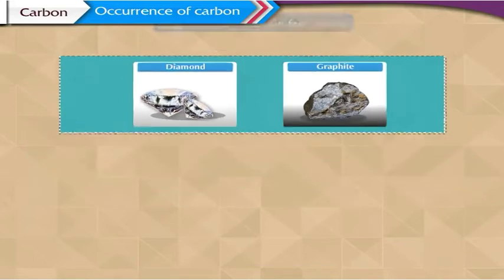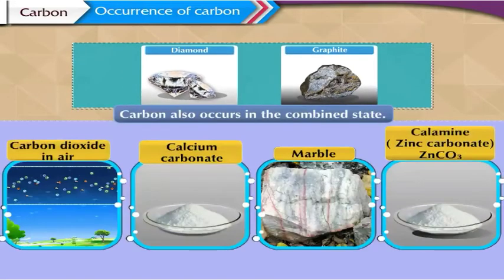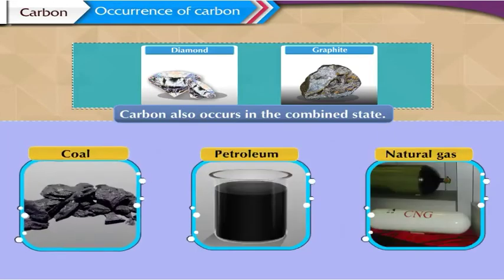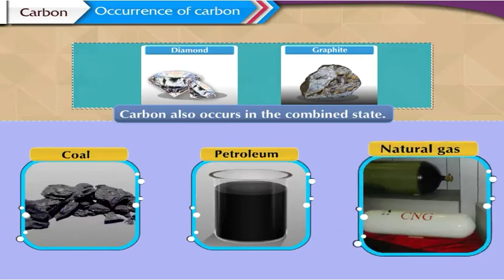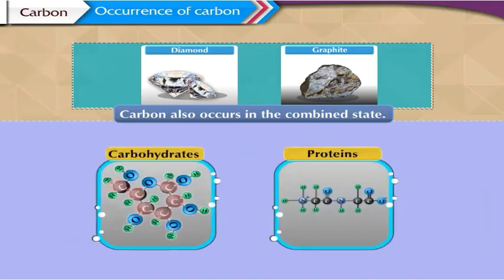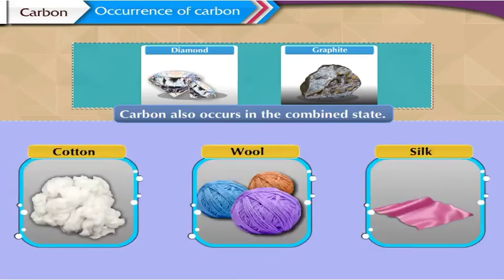In the combined state, carbon occurs as compounds such as carbon dioxide gas present in the air, carbonates such as calcium carbonate, marble, and calamine, that is zinc carbonate, ZnCO3, fossil fuels like coal, petroleum, and natural gas, carbonaceous nutrients like carbohydrates, proteins, natural fibers like cotton, wool, and silk.